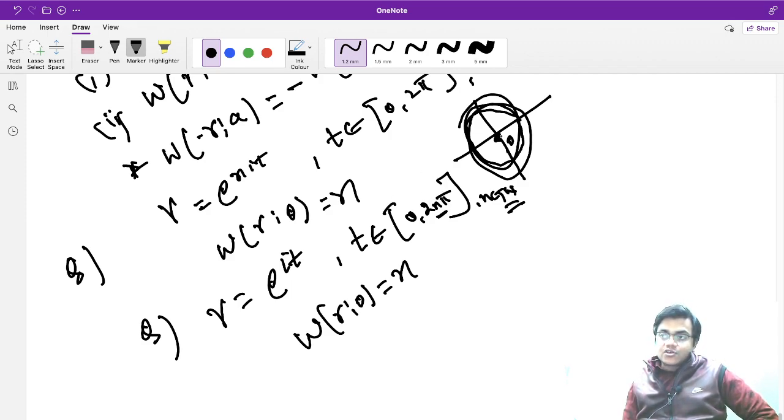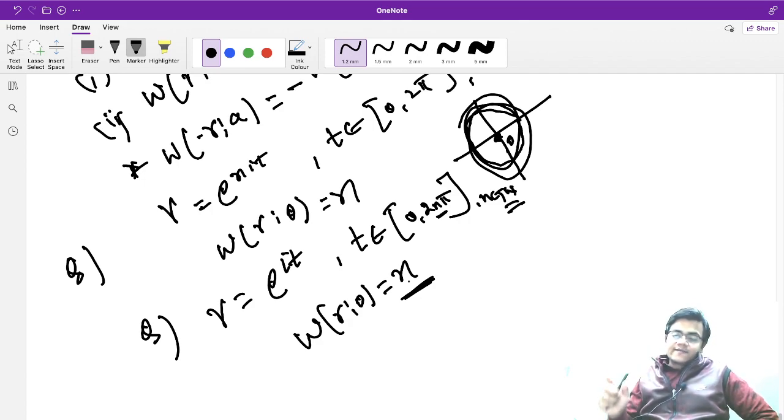So 0 will be surrounded by n curves in the anticlockwise sense, so its winding number will be n. In the next class we will start complex integration on a contour, because when these curves or arcs are joined end to end, it is called a contour.